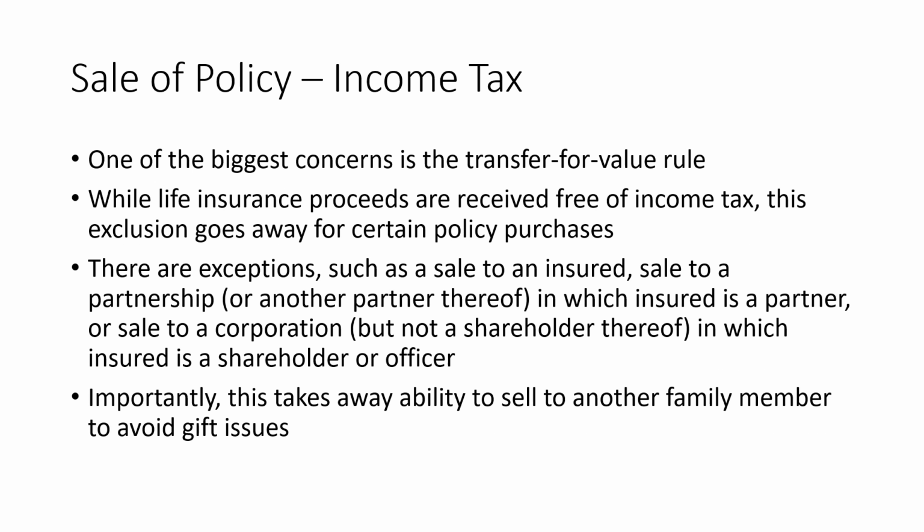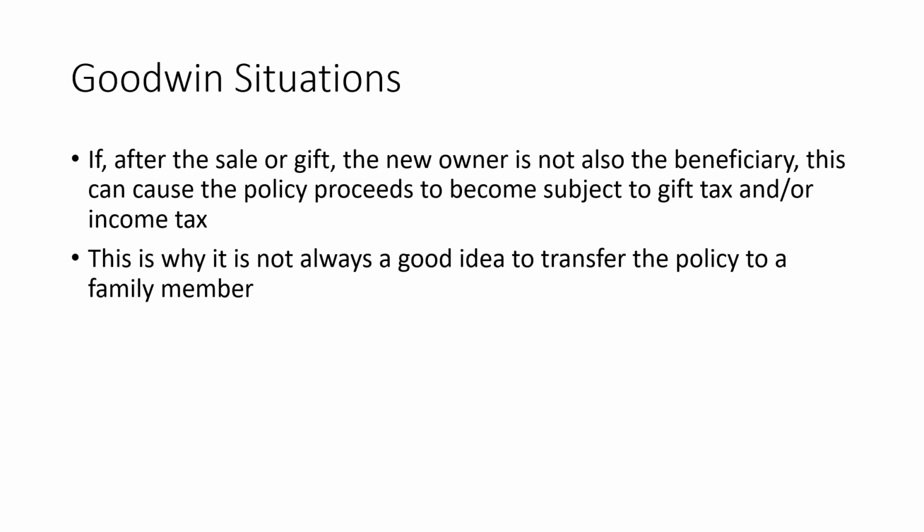Now, we're not going to get into those exceptions, and I've covered them in a previous episode, but importantly, what this does is it takes away your ability to sell to another family member to avoid the gift and income tax issues. You could generate additional income tax problems as a trade-off for avoiding the gift and estate tax problems.